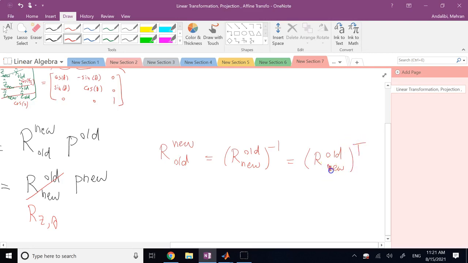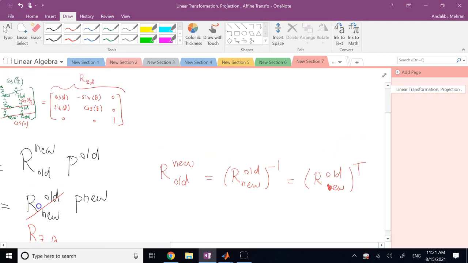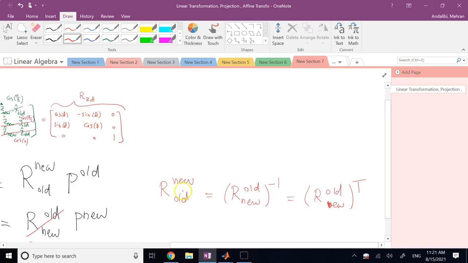So if I have this rotation matrix that I have here, this is new with respect to old. If I want old with respect to new, all I need is to transpose this guy. So if I want that, it is going to be what in this case? It's going to be 0, 0, 0, 0, 1. This is going to be cosine of theta. This is going to be sine of theta. This is going to be negative sine of theta. And this is going to be cosine of theta.